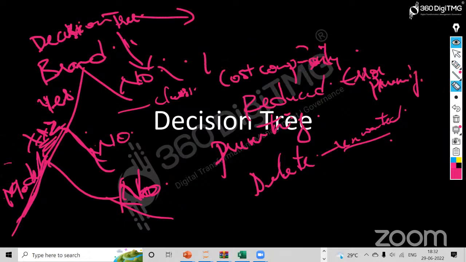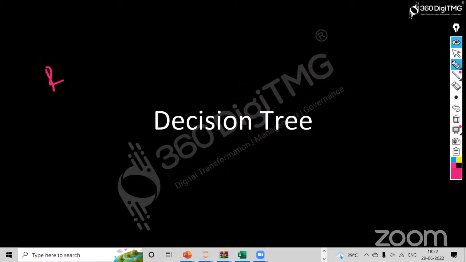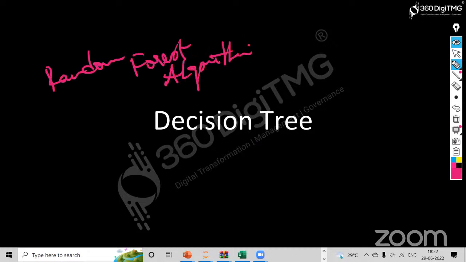Okay, let me clear this up. So in a decision tree, you have these layers, all these complicated layers.